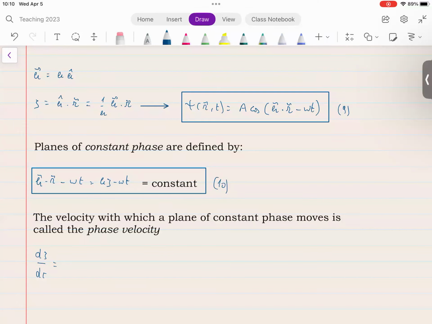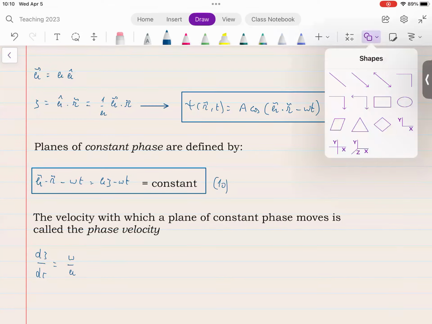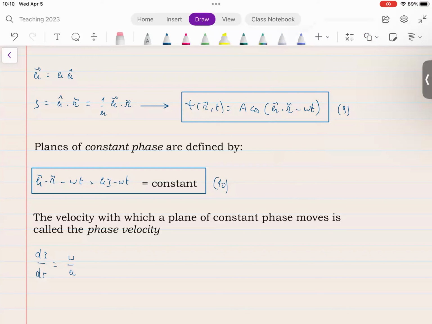That's going to be my velocity of the plane defined by equation 5. Taking the derivative, it is just going to be equal to omega over k. And that is where the phase velocity comes from.